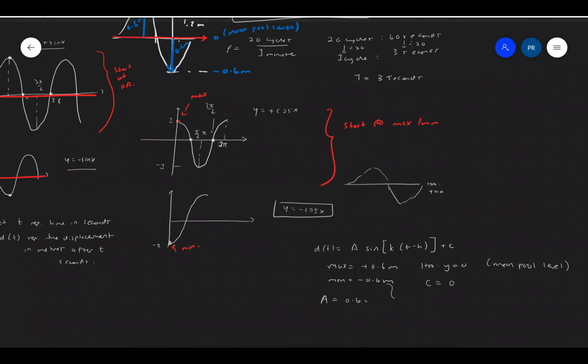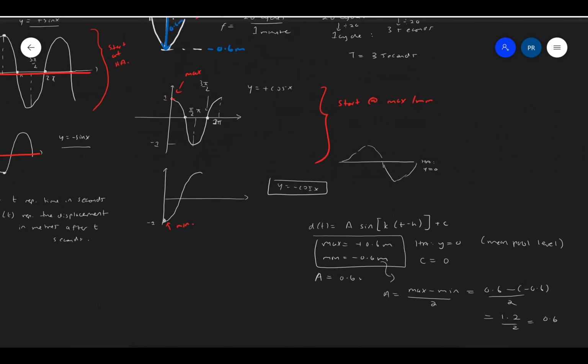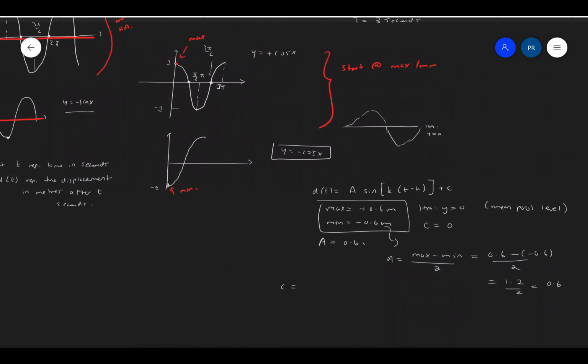But if you wanted to calculate it, you can do maximum minus minimum divided by 2, which is 0.6 minus negative 0.6 divided by 2, which is 1.2 divided by 2, which is 0.6. Also, if you know your maximum and minimum, you can find your horizontal axis if you didn't already figure that out. You have maximum plus minimum divided by 2, which is 0.6 plus negative 0.6 over 2, which is 0. Okay, so you can use these equations to help you calculate these values.